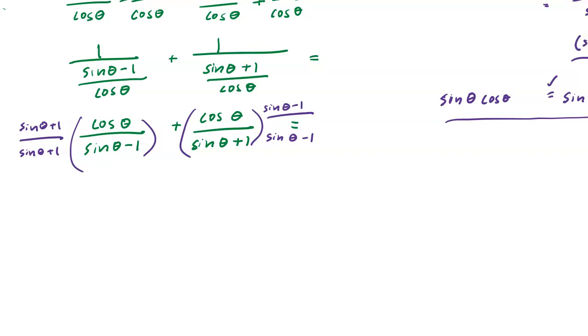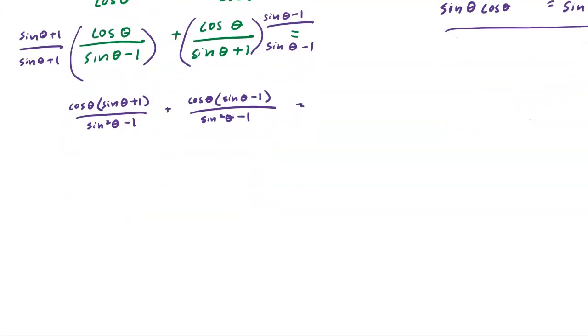Okay, so that just becomes, I'm just going to leave it like this, over sine squared theta minus 1, and then plus cosine of theta sine of theta minus 1 over sine squared theta minus 1.